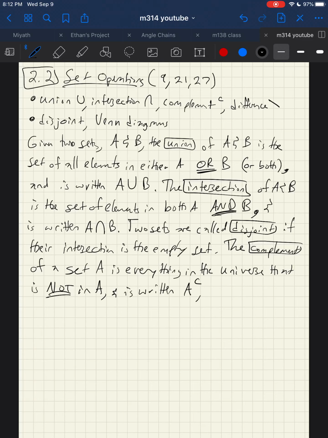I think I'm going to try to stick to A to the C. You also might see A bar, you might see A prime, you might see minus A, you might see tilde A, etc. There's about a million ways.